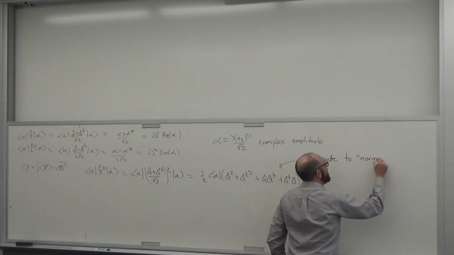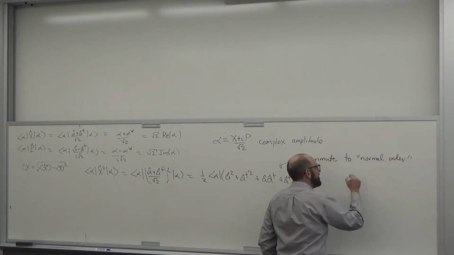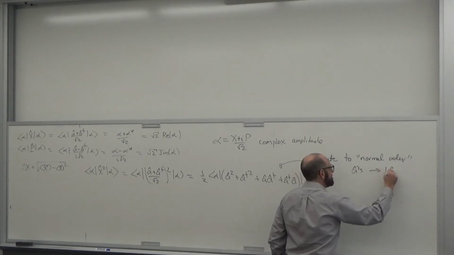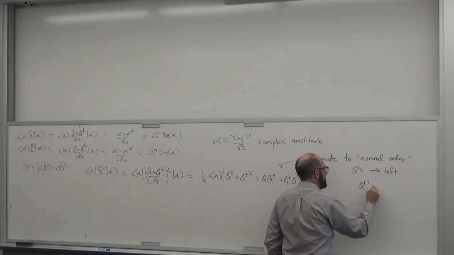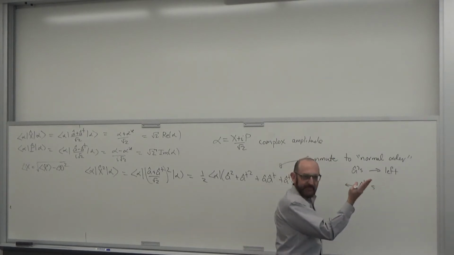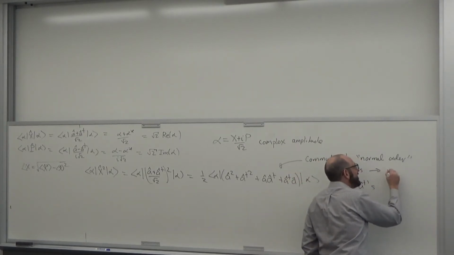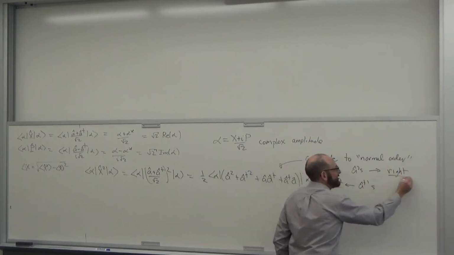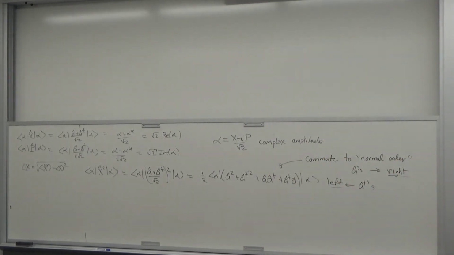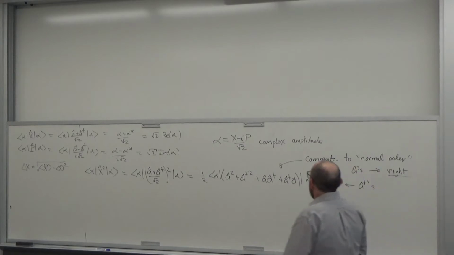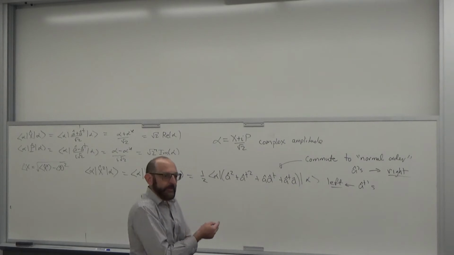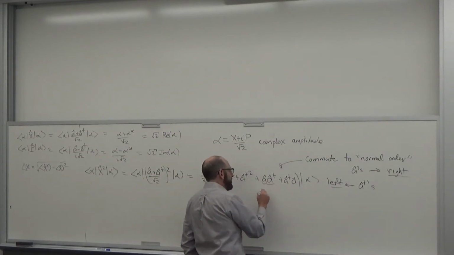Normal order, as we will talk about in much more detail next semester, means A's to the right and A daggers to the left. That means this is not in normal order, but we can commute it into normal order. So we replace this with this plus the commutator, which is 1.